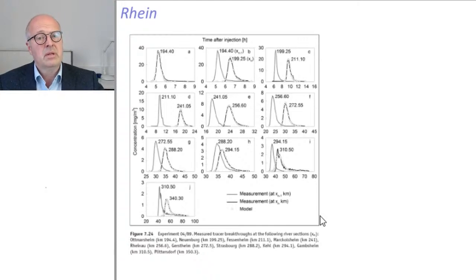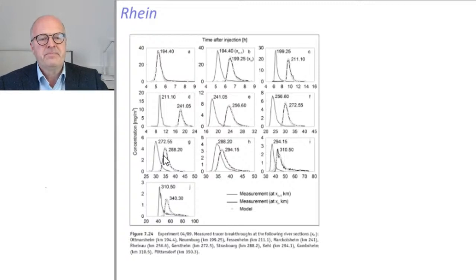Now you know that we can use the one-dimensional model, you know the equation, and this one-dimensional advection dispersion model was actually then fitted to the monitoring results of this experiment, and it provided these beautiful breakthrough curves. You see in this example the measurements, points, and the model for different stations along the Rhine River.